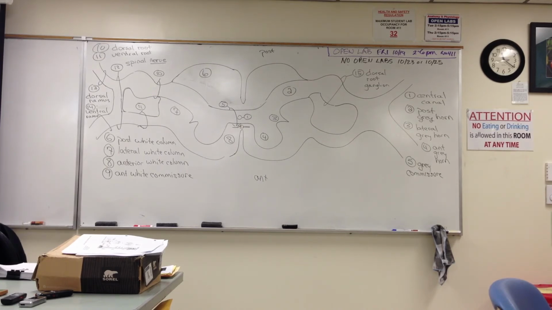A collection of nerve cell bodies outside the central nervous system is a ganglion. So that's why we call the dorsal root ganglion a ganglion, because it's a collection of cell bodies outside the central nervous system. So if you were to identify dorsal root ganglion, it's going to belong to the peripheral nervous system, whereas the posterior gray horn is going to belong to the central nervous system.